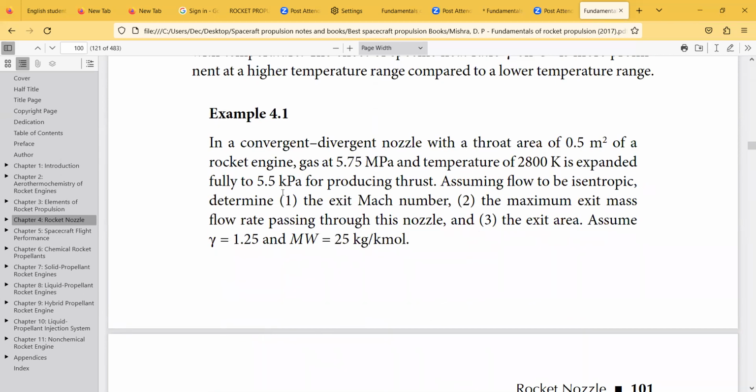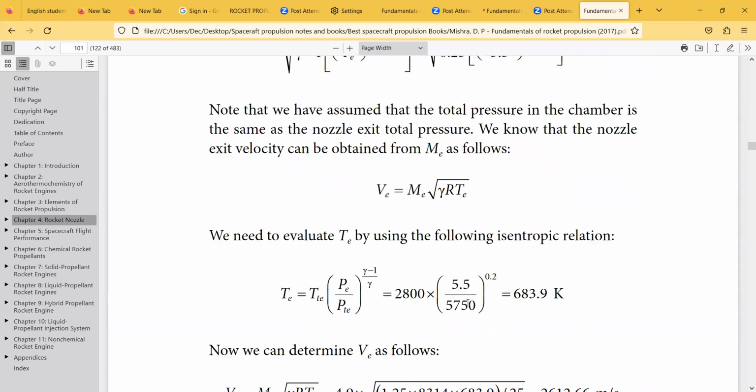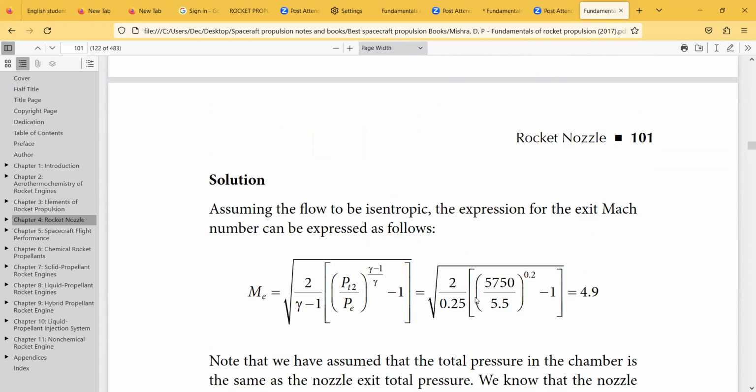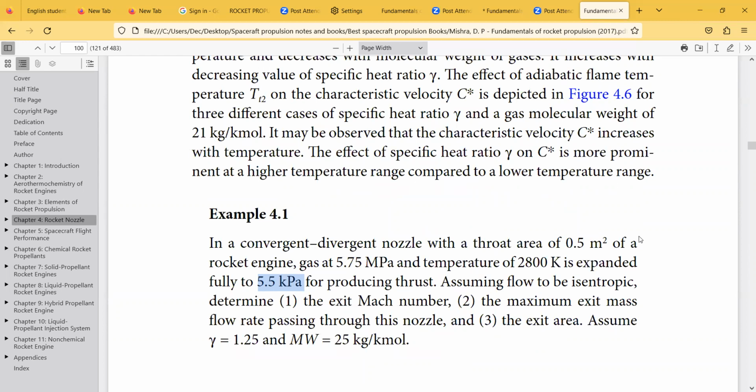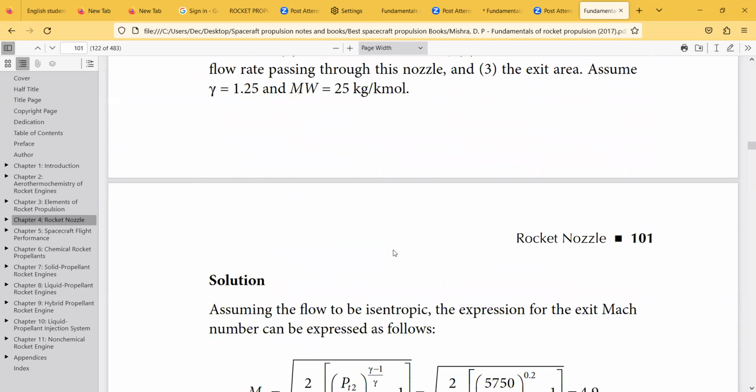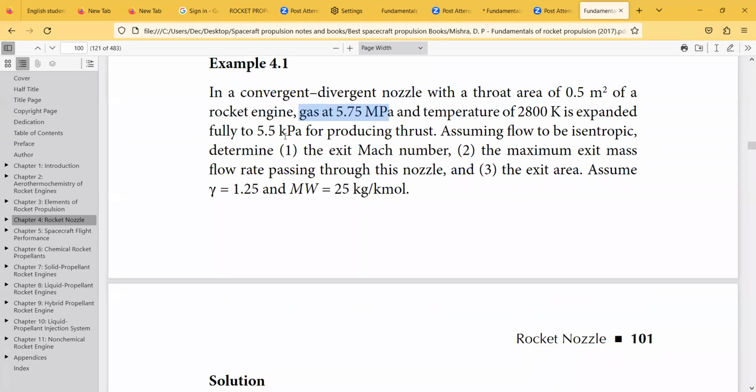That is the fully expanded condition, divided by 5750, which is the gas pressure. This is in megapascal. So when you use the metric system, you multiply by 10 to the power of 6. Here it is kilo, so you can multiply this by 10 to the power of 3 to make the units similar.